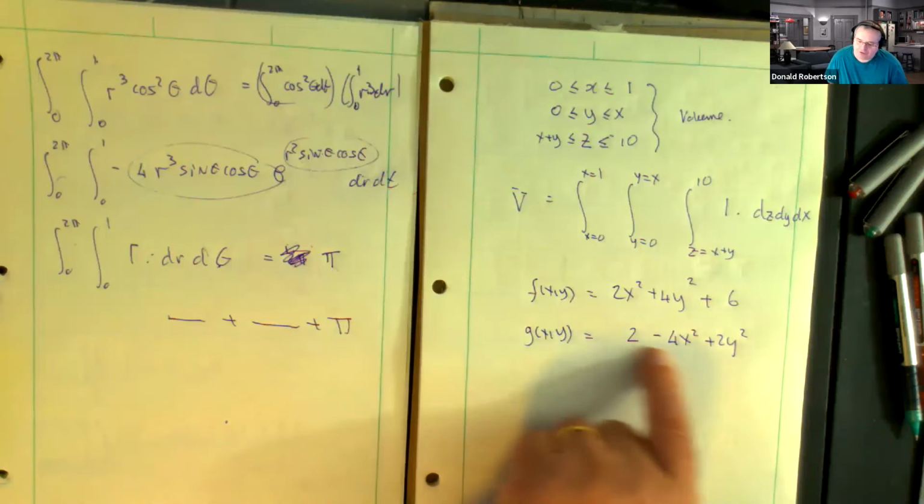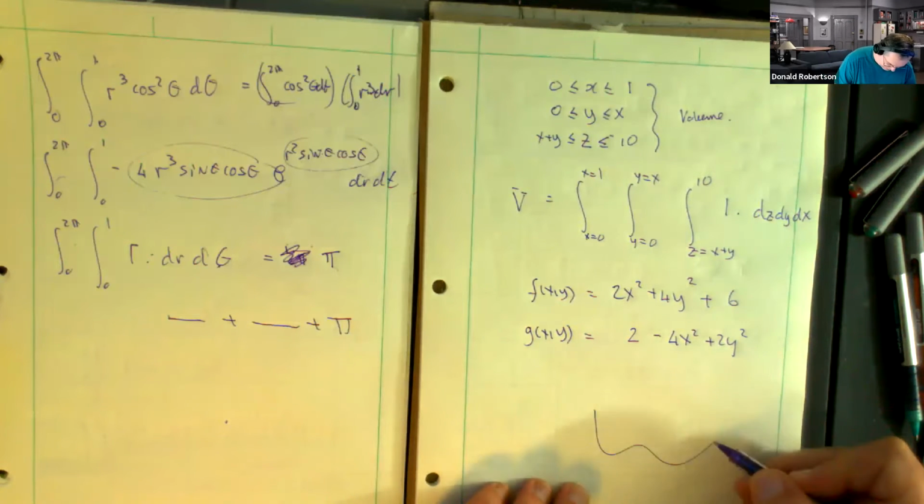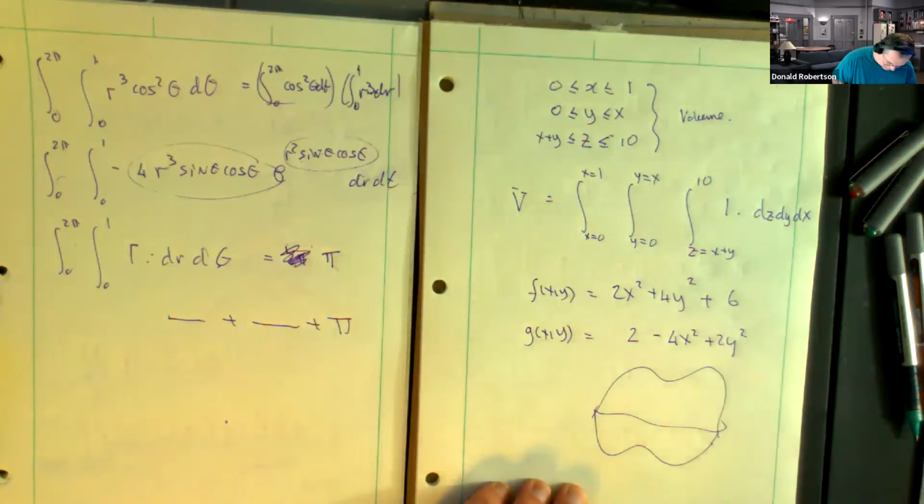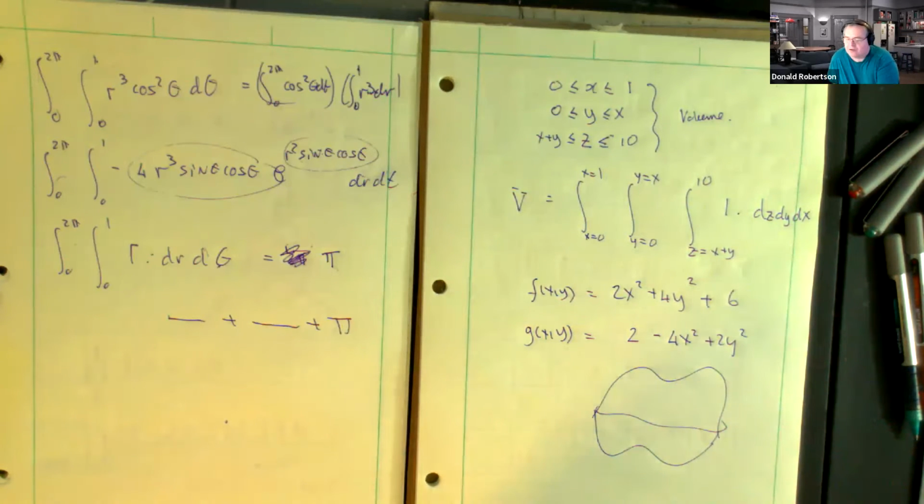So can you imagine you drew this surface and it looked like that? And then you drew the other surface and it looked like that. You're basically trying to find the volume of a peanut, aren't you? If that's what they look like.